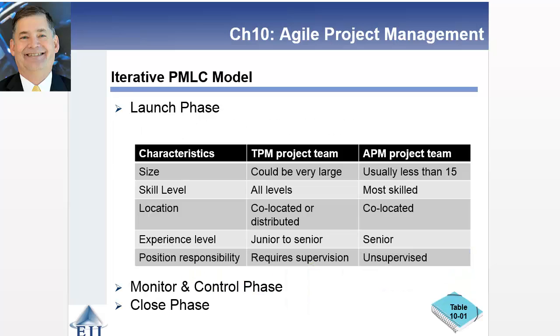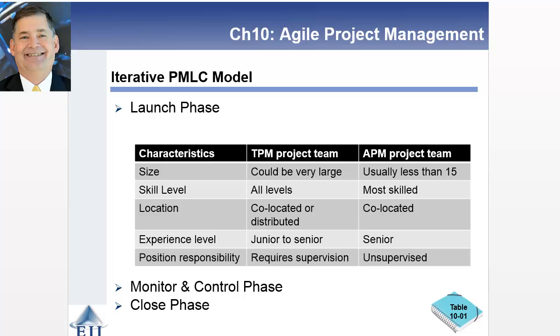Once you get to the launch phase, remember it's during the launch phase that you're recruiting and filling in your entire team. You're going to use a different type of team than you might find on a traditional project management project team. So the size is very different. Typically, Agile teams are smaller than 15.